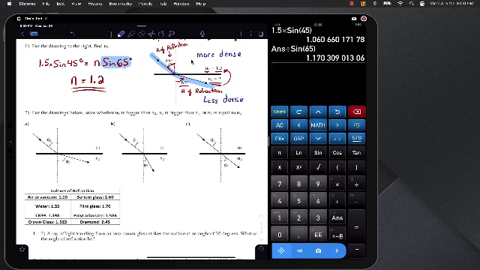All right, let's look at the examples here. So number 2A, I see the angle here, and then if I'm comparing it to this one right here, my angle increased. So if the angle increased, is that going to be going into a more dense or less dense material?